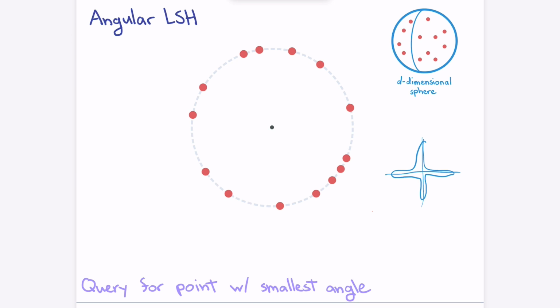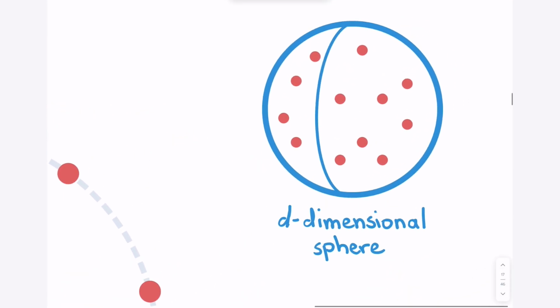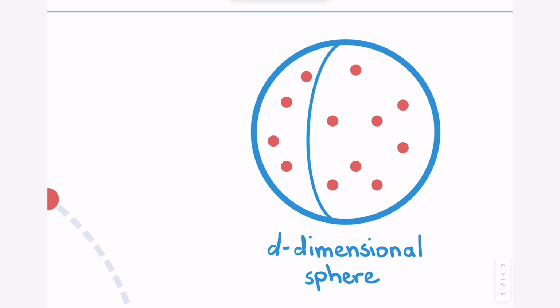All right, so we'll start with Angular LSH. Now the input is on a high dimensional sphere, which is extremely hard to visualize. We're just doing angles, so I can assume everything is normalized. It's only the angle that matters.